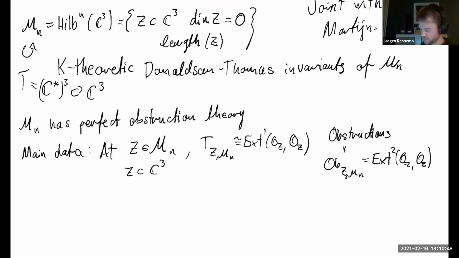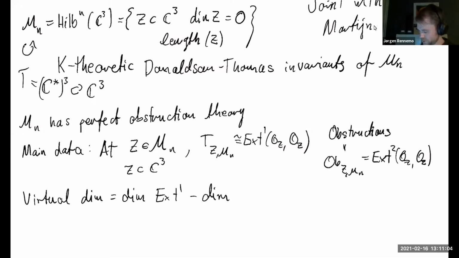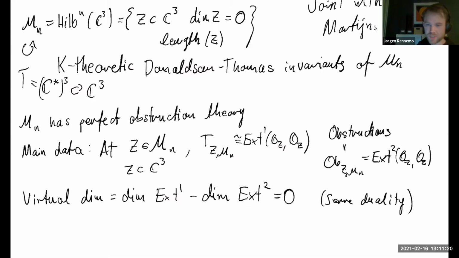So from this, you compute the virtual dimension, being the dimension of the tangent space minus the dimension of the obstruction space. And in this case, this happens to be 0, since Serre duality tells you that actually Ext^1 and Ext^2 have the same dimension in this case.